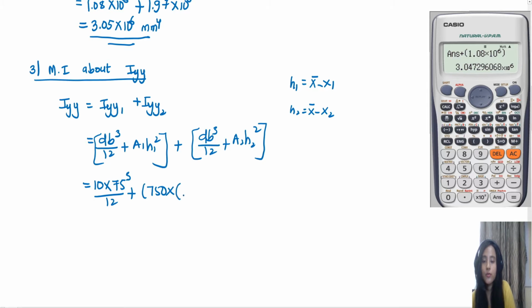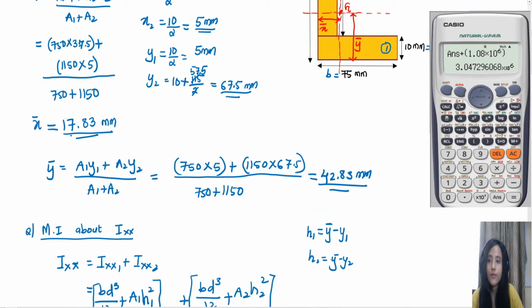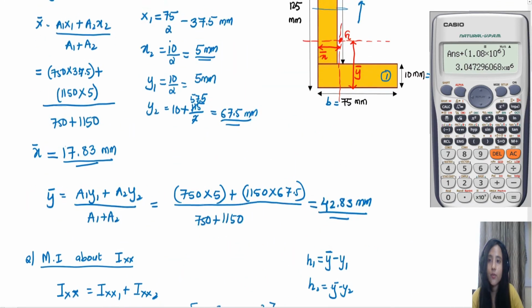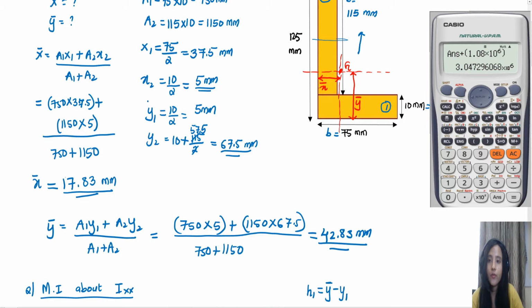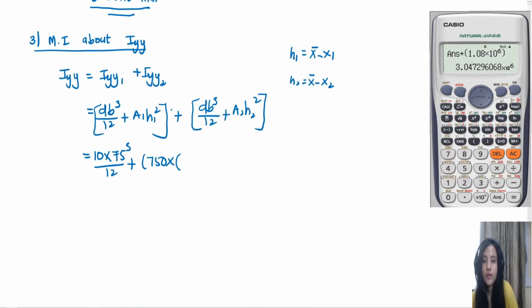So here, how much was our x bar? X bar was 17.83 and x1 was 37.5. So 17.83 minus 37.5 the whole square, right? So this is for my Iyy1.